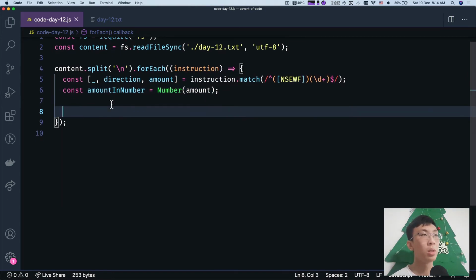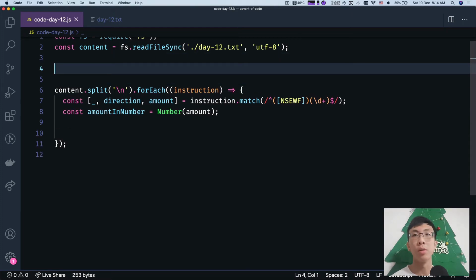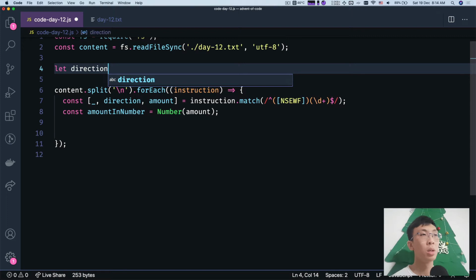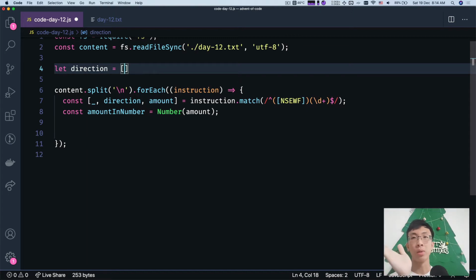Then we need to keep track of the current direction. So let direction equal to, we are facing east. I'll represent it with ones and zeros based on the direction we're pointing at. If it's east, it will be on the x-axis, positive.